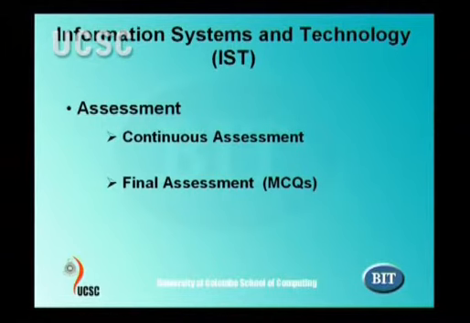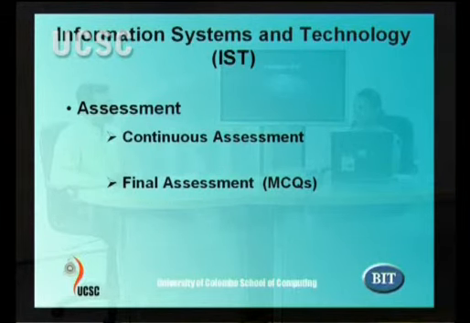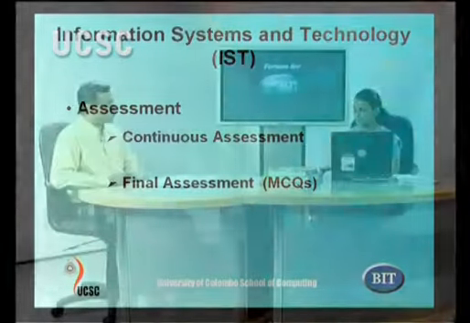Usually there are 2 assignments, and the first assignment will cover the first half of the syllabus. For example, for the 60 hours in this course, the first 30 hours will be covered by the first assignment, and the next 30 hours by the next assignment.